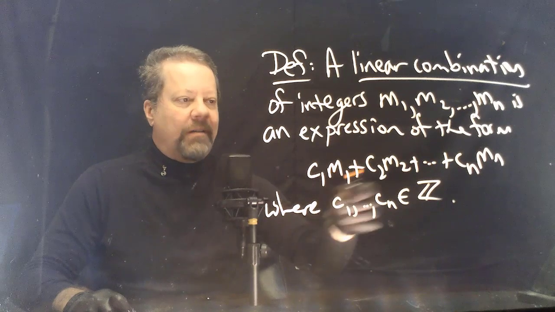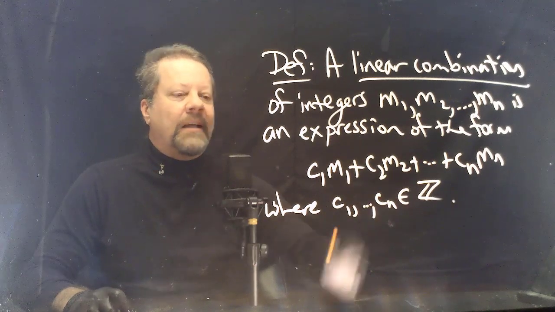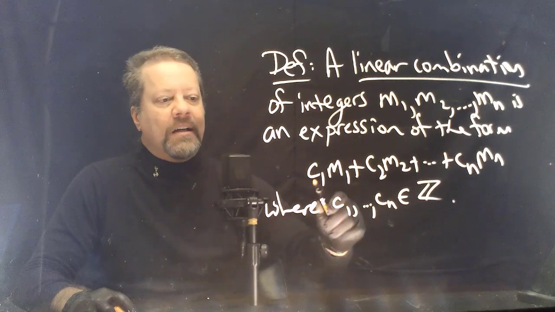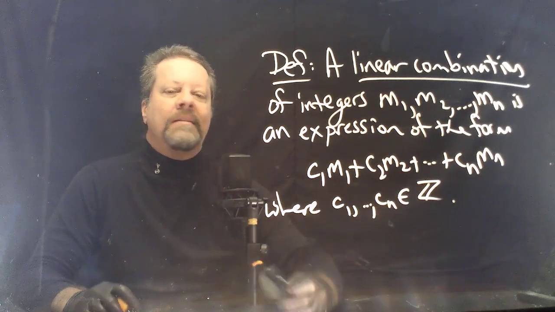So all of the m's are integers, and all of the coefficients are also integers. So a linear combination is just a simple sum in this form.